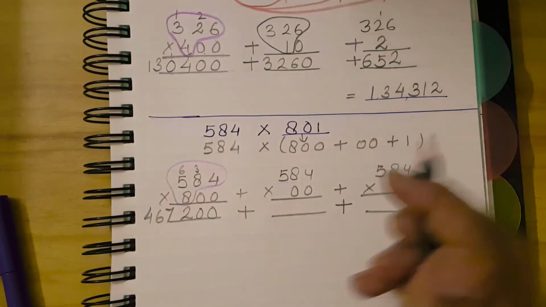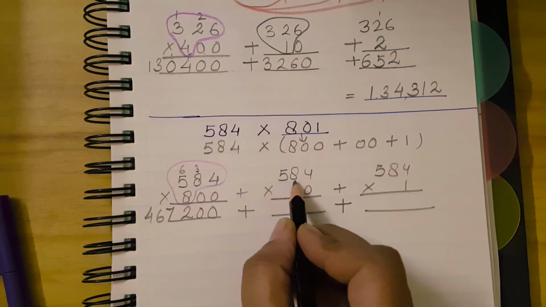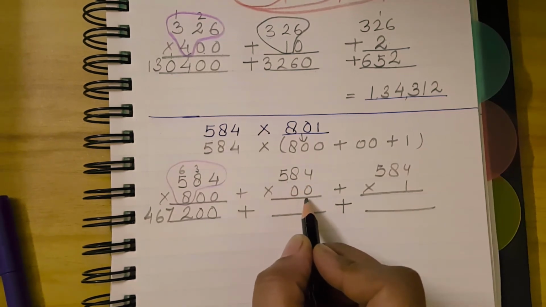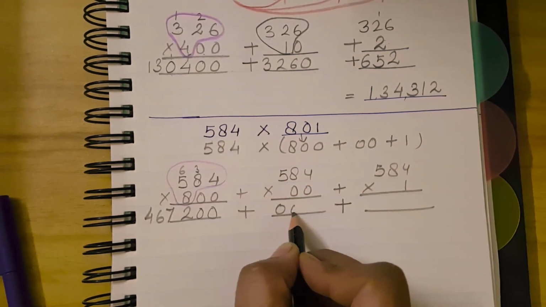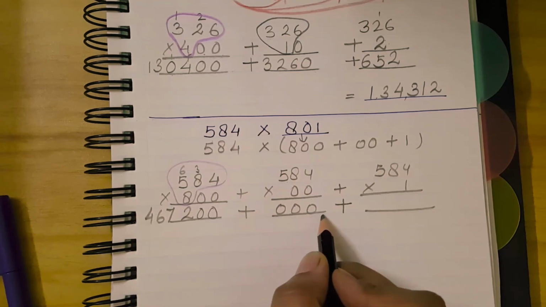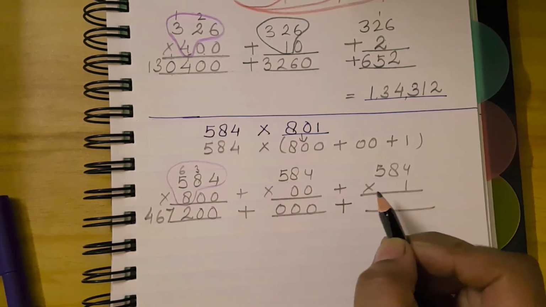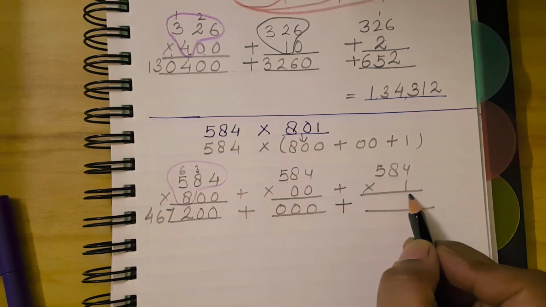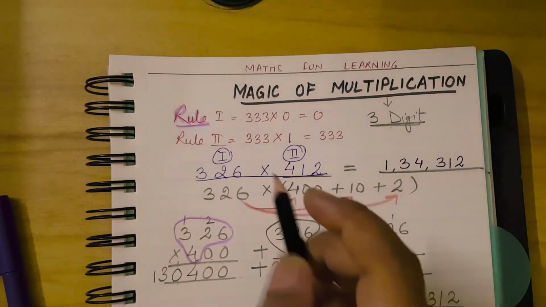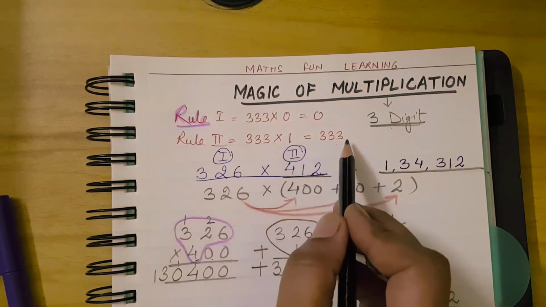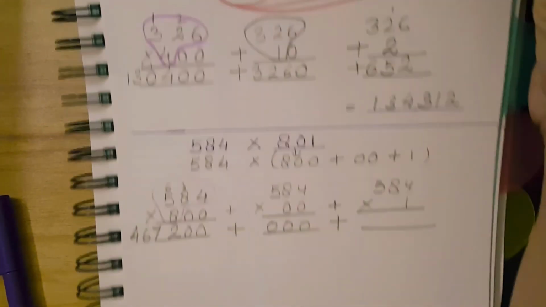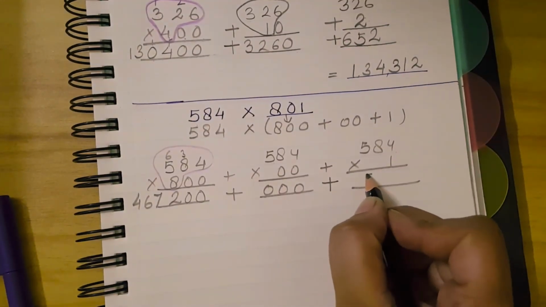So that means 584 multiplied with zeros gives you a 0 only. Because why did I write 3 zeros? Because here is a 3-digit number, the upper one. 584 multiplied with 1. Rule number 2. Any number multiplied with 1, you will get the number itself. So here the number itself is your answer.